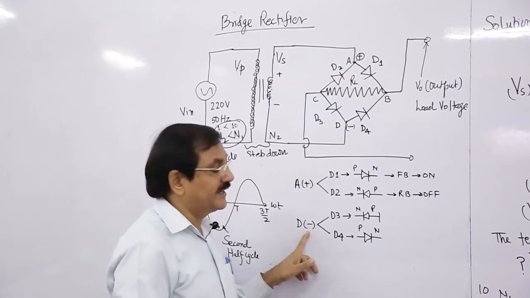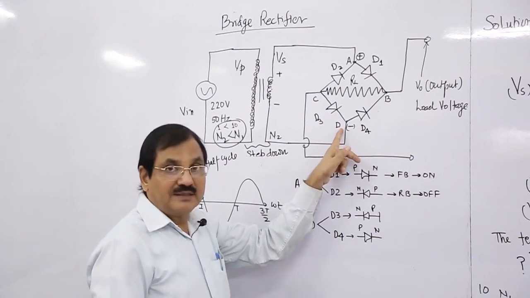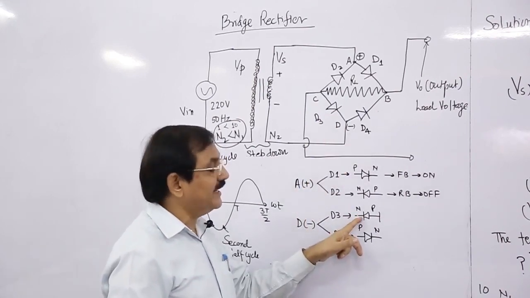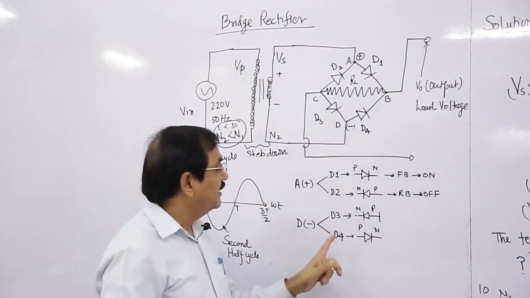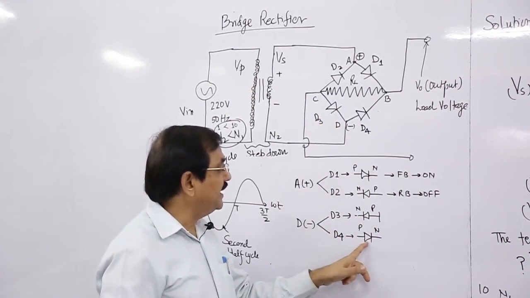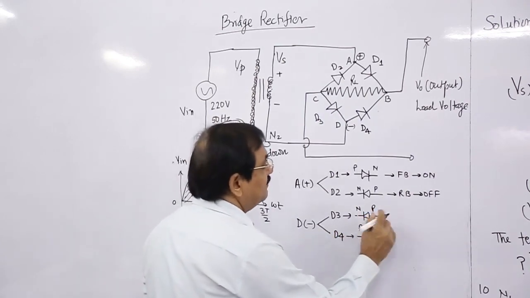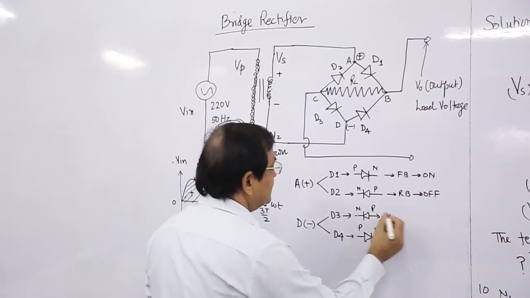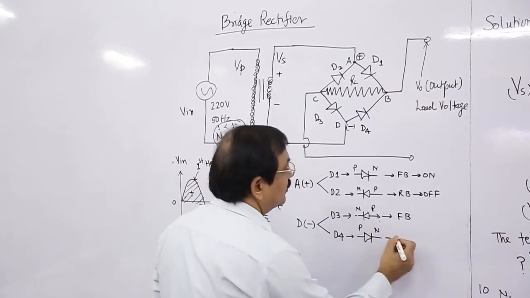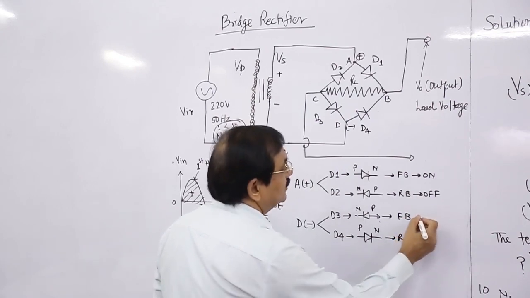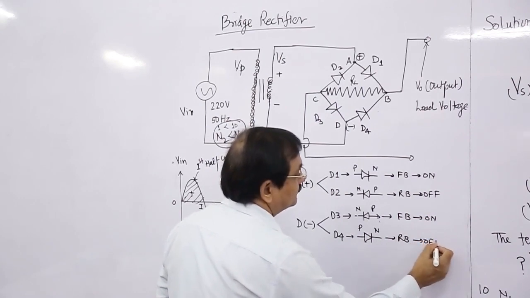So D is negative. This negative voltage is connected to the N type of D3 and the P type of D4. So this makes D3 forward bias and D4 reverse bias. So this is on and here it is off.